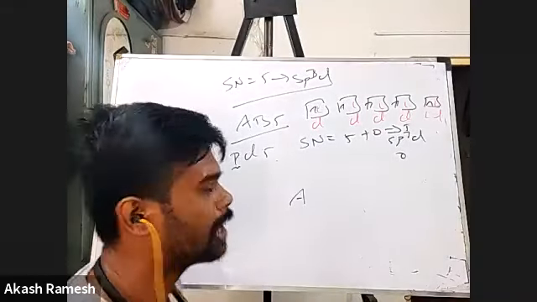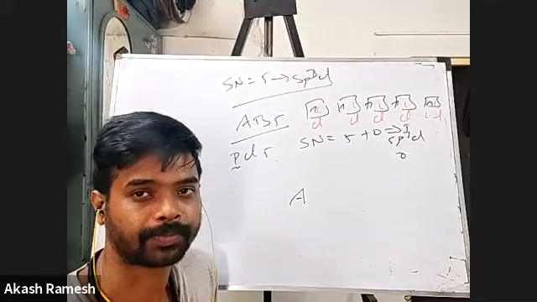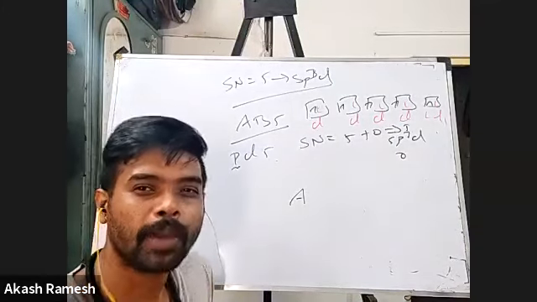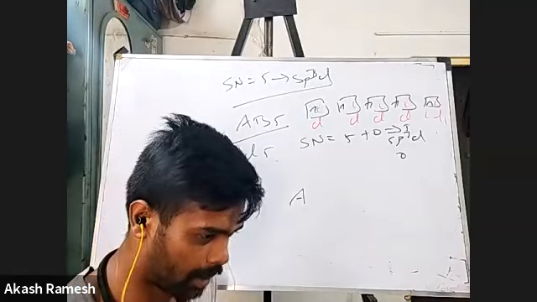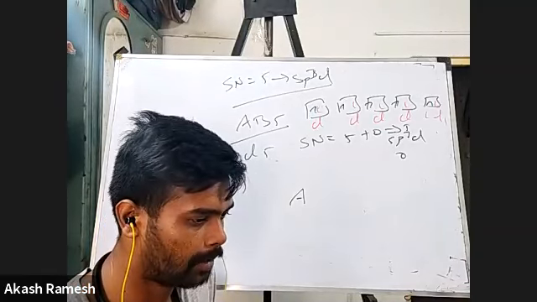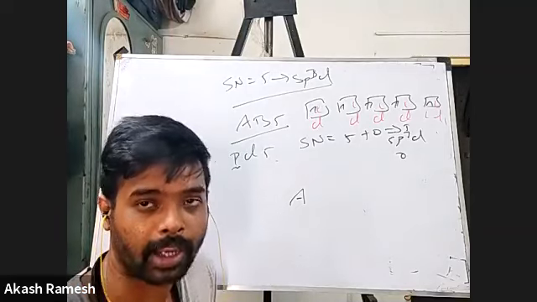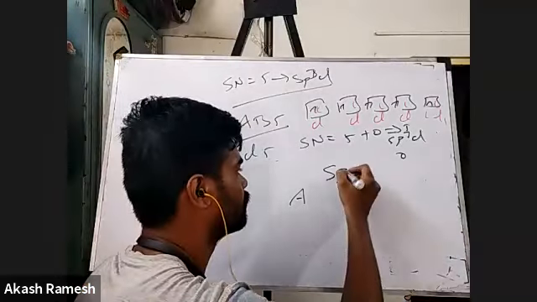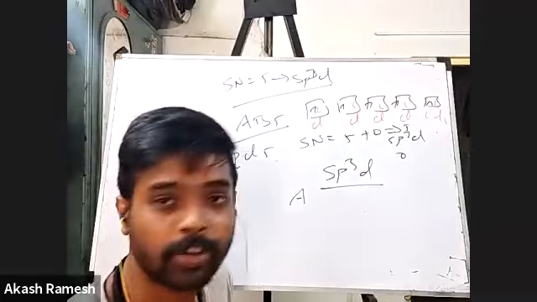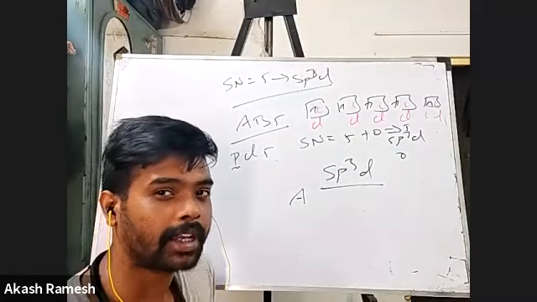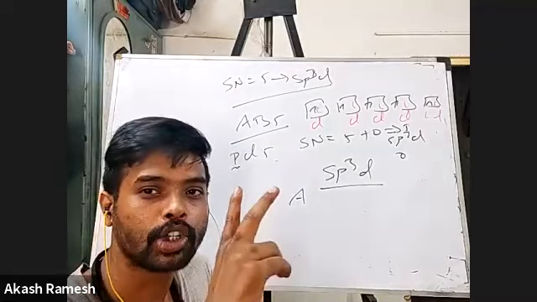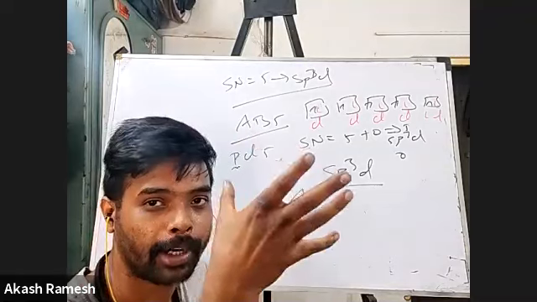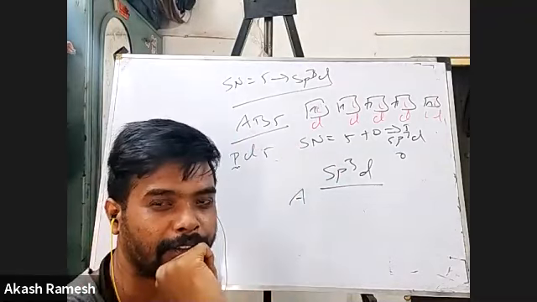I'm going to have 2 types of bonds here. Speaking in more depth, more technically, in sp3d I can see that it is going to be a combination of 2 different mixings. 2 different hybrid orbitals are there in sp3d itself.